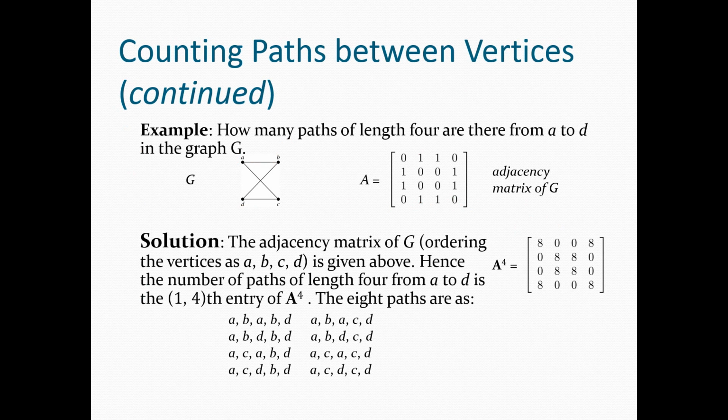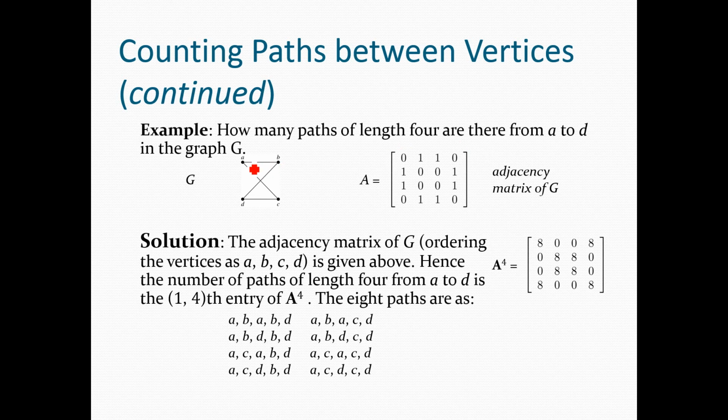So there's an example. How many paths of length 4 are there from A to D? So vertex Vi to vertex Vj, so A to D. How many paths of length 4?